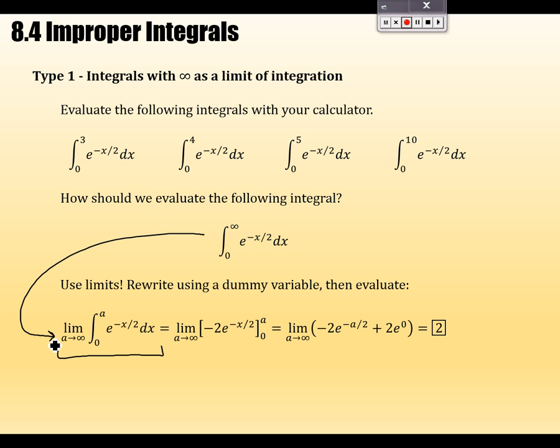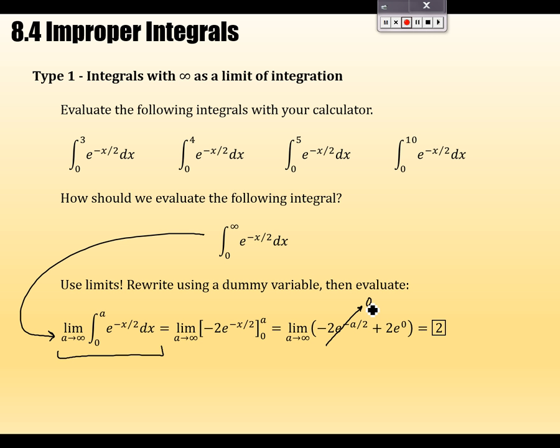And then this last step, because it's been a while maybe since you've thought about limits, can you explain why this last step comes out to be 2? Yeah, this first thing goes to 0. When a is large, you're just thinking about that exponential.